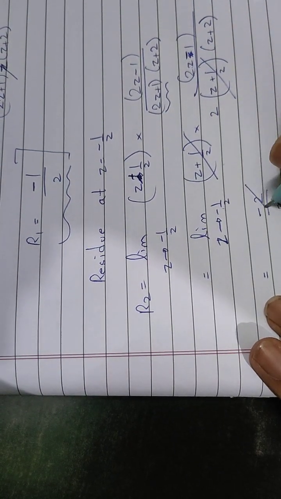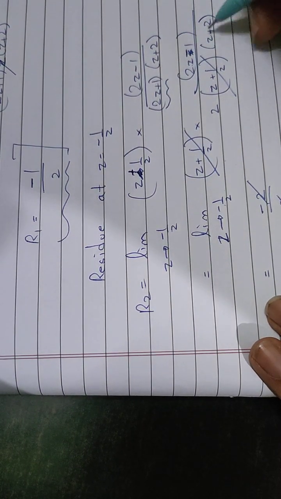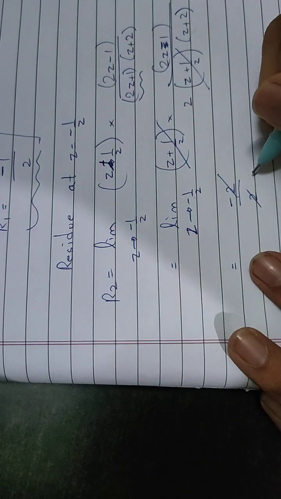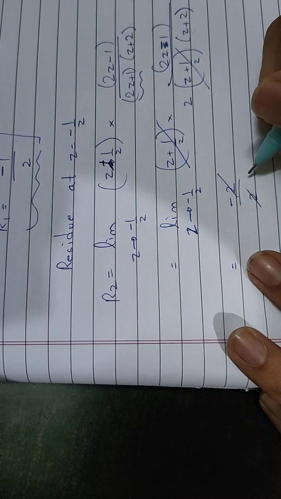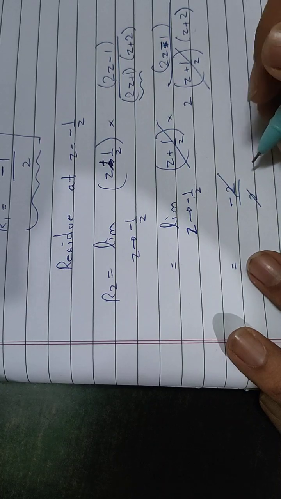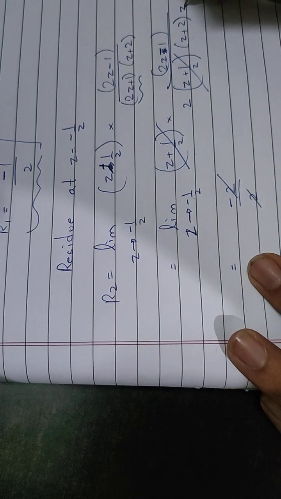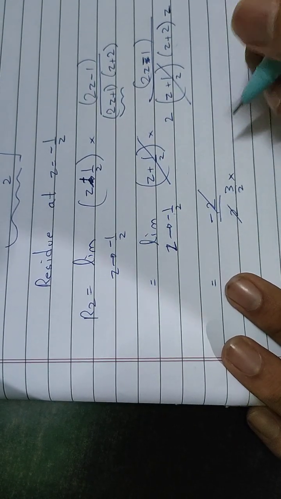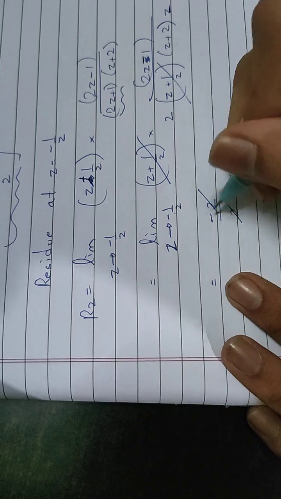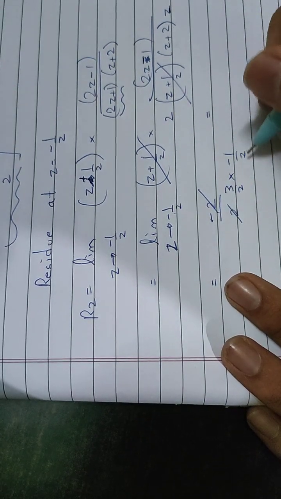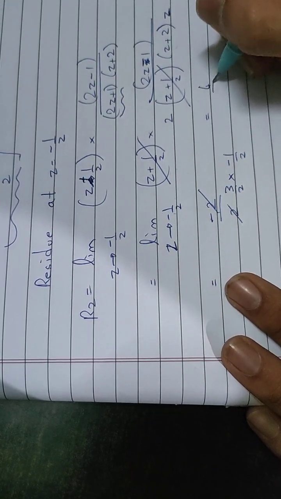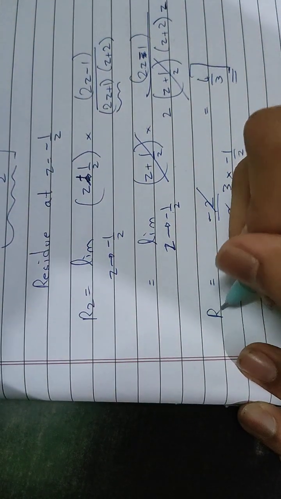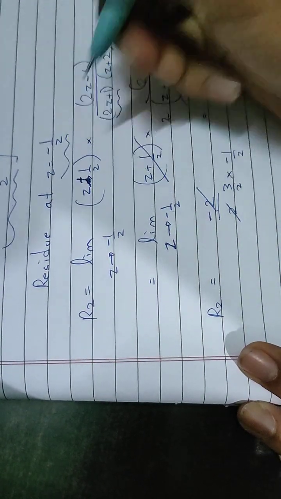The 2 in the denominator cancels with that, and if we put minus half here, we get 2 minus half, which is 3 by 2. Also, we forgot a z over here. We'll get 3 by 2 into minus half. These two minus signs cancel, and this becomes 2 into 2, 4. So we get 4 by 3 as the residue at z equal to minus half.